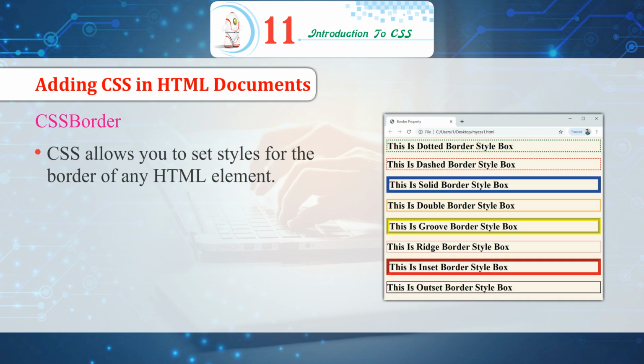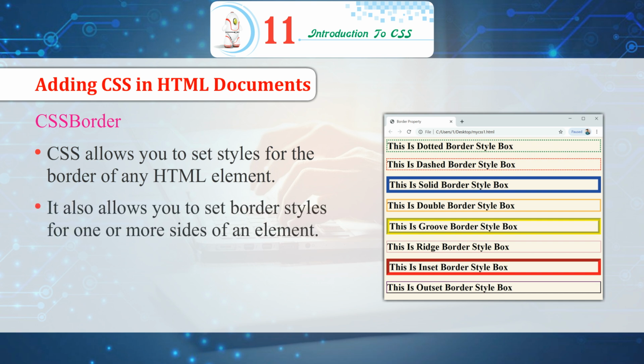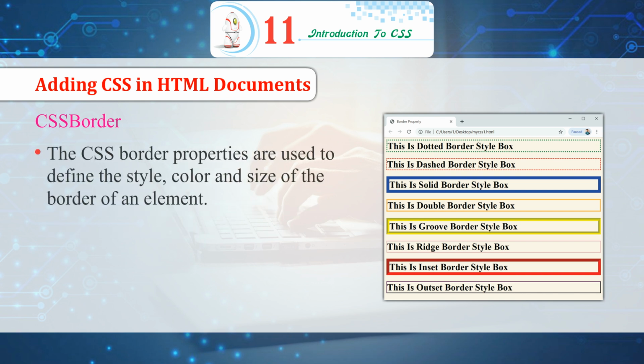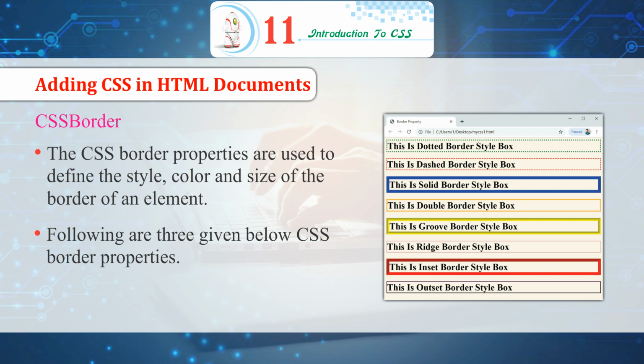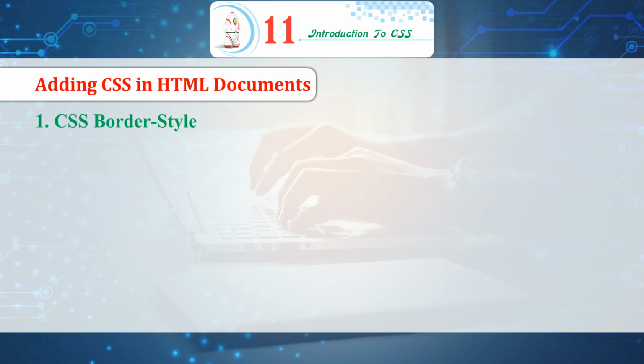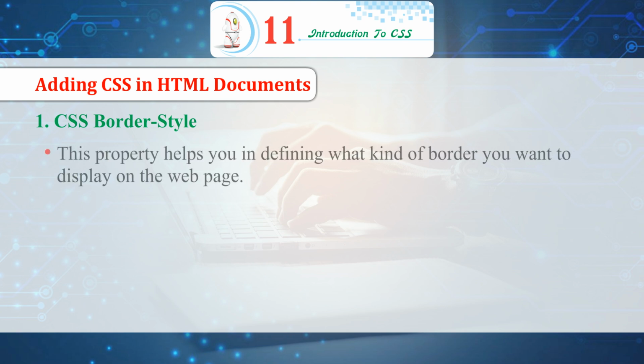CSS border. CSS allows you to set styles for the border of any HTML element. It also allows you to set border styles for one or more sides of an element. The CSS border properties are used to define the style, color and size of the border of an element. Following are the 3 CSS border properties. 1. CSS border style.